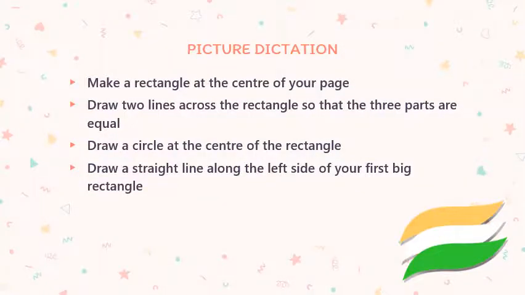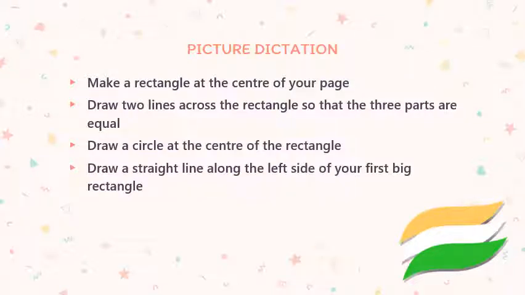Now, children, it's time to try an activity. Listen to the instructions being given. Keep your paper and pencil ready at hand and follow as per my instructions. Make a rectangle at the center of your page. If you want, you may use a ruler.